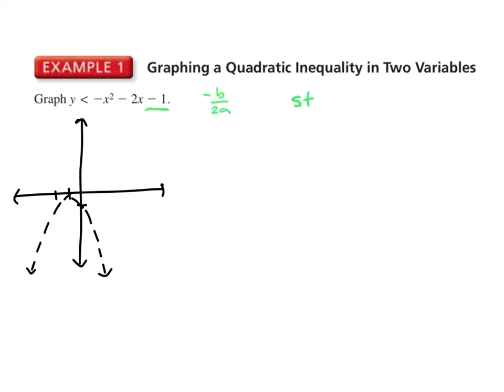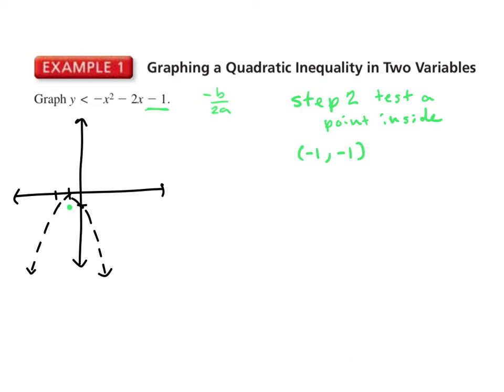So we're on to step 2, which is test a point inside. What is a point inside of our parabola here? Anything in here. Yep, we can do (-1, -1). So we're going to pick this point here.